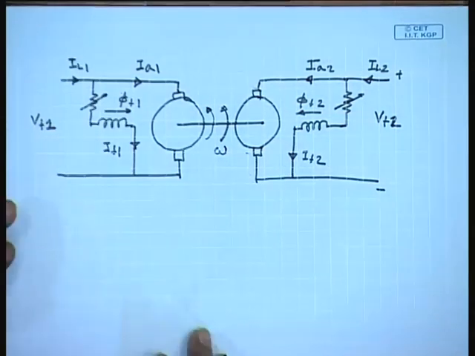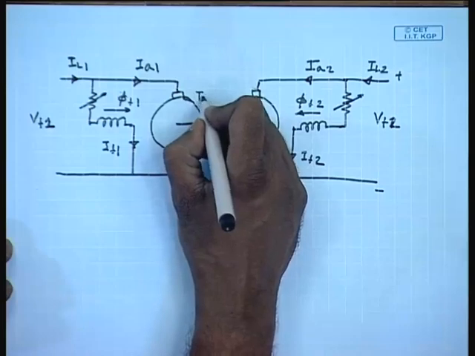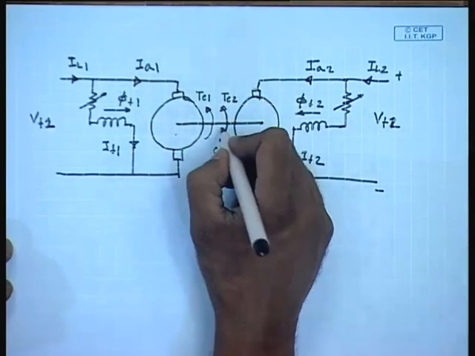Let the whole set be rotating at a speed of omega, and let us say this is the generated torque TE1 of this machine and this is the generated torque TE2 of this machine.